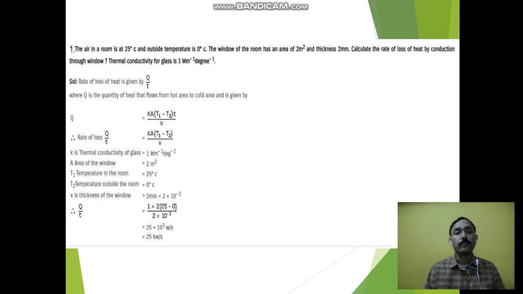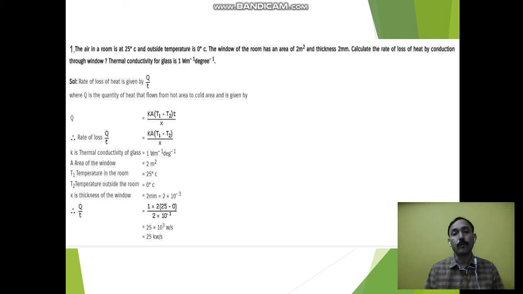So we know the quantity of heat Q that flows from the hot area to the cold area is given by Q is equal to K A (T1 minus T2) t by x, where t is time.